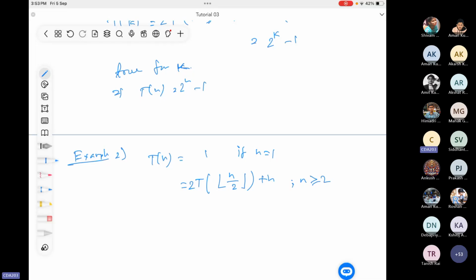Is it still 2 to the power n? Or is it something else? Is it 2 to the power n, or can we use the same solution in here?